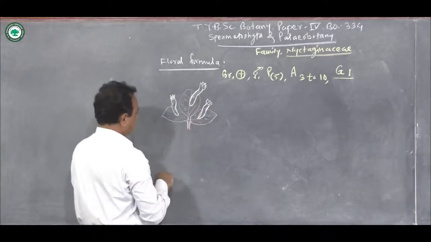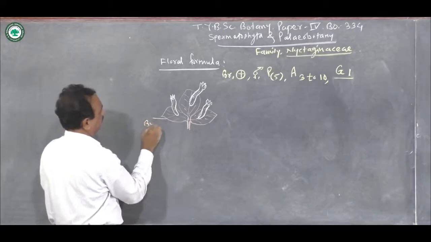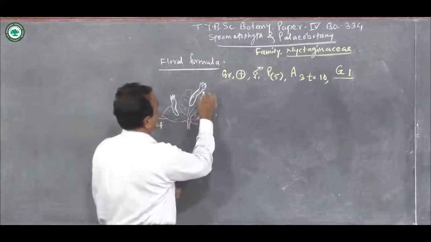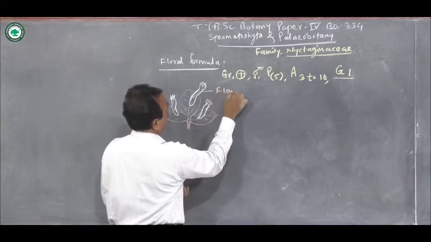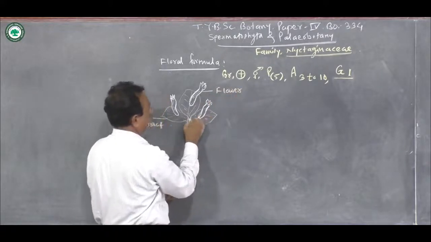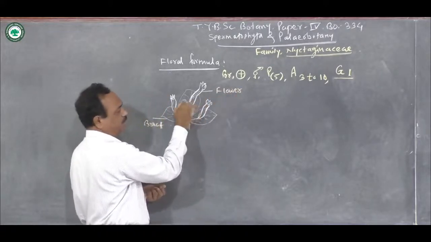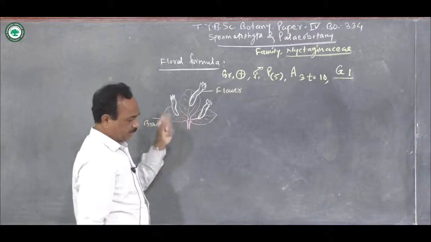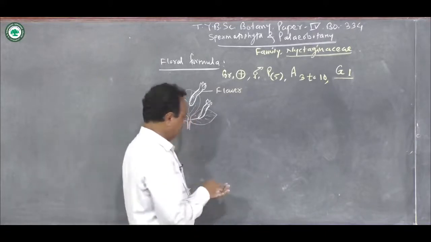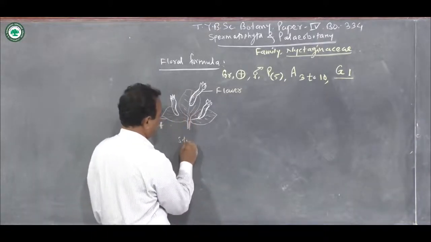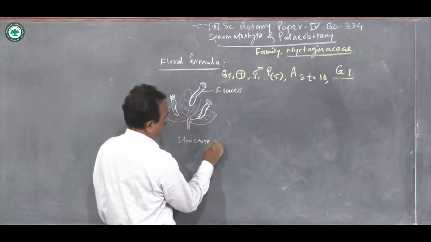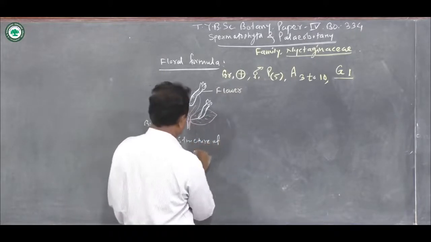So here, this is the bract, this is the flower, and these flowers are attached to the bract, which is the petaloid bract. So this is the structure of the flower.